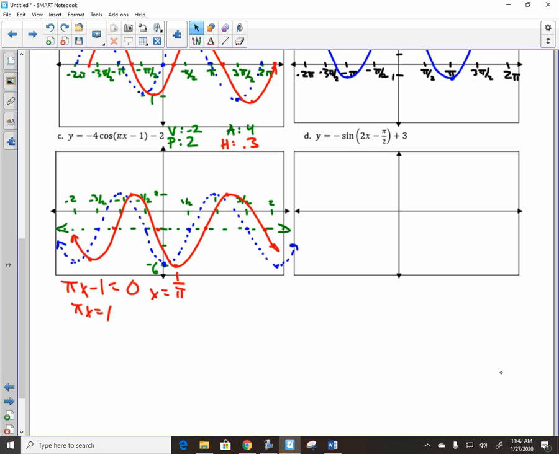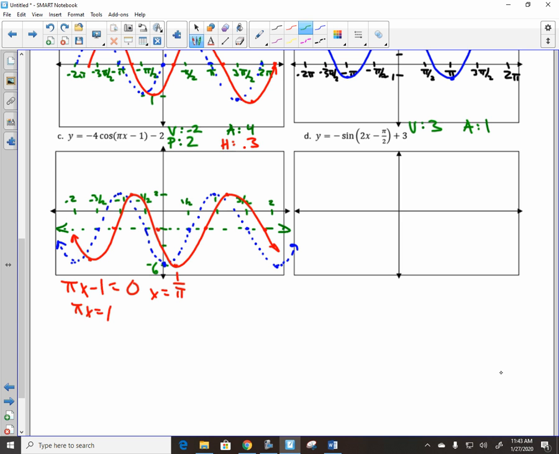So let's go through this last one together. Some people kind of got a start on it. Let's see what you came up with. Let's start with the vertical shift. Vertical shift is 3. The amplitude is 1. So, folks, if it shifted up 3 units, and then the amplitude is 1, what's the highest point? What's the lowest point? Yeah, 4 to 2.